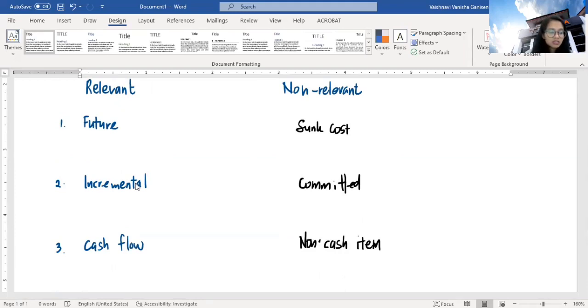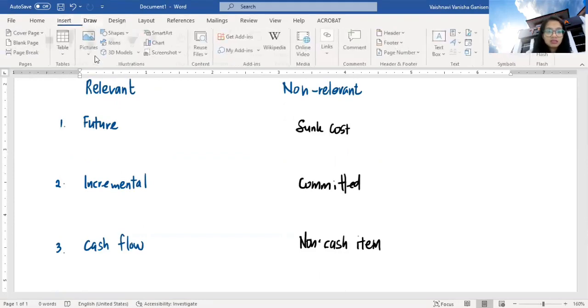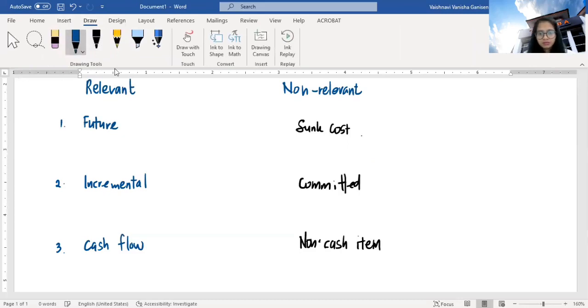Now, a sunk cost is a cost that has already been incurred. Or another word you can use is historical cost.